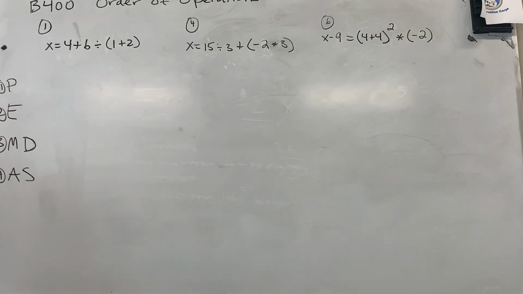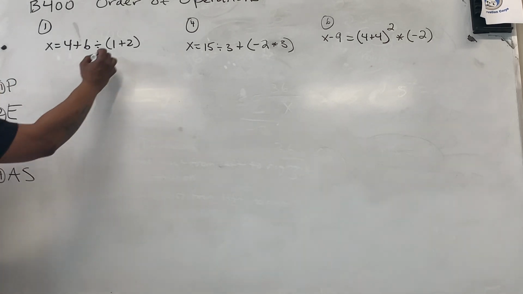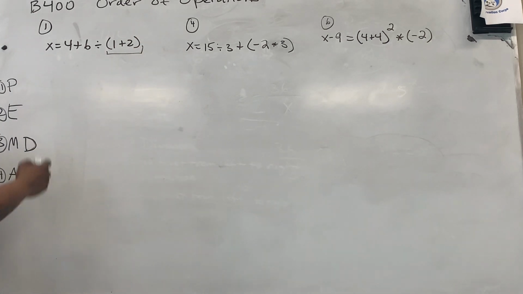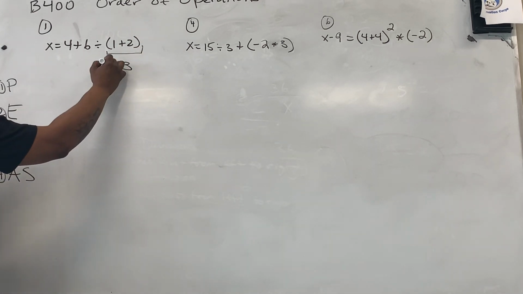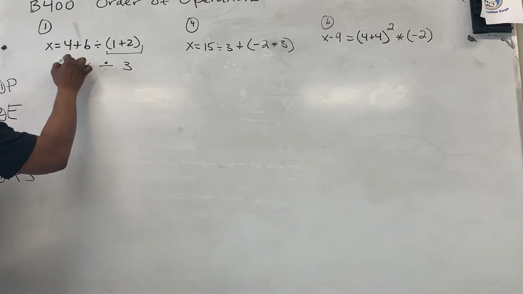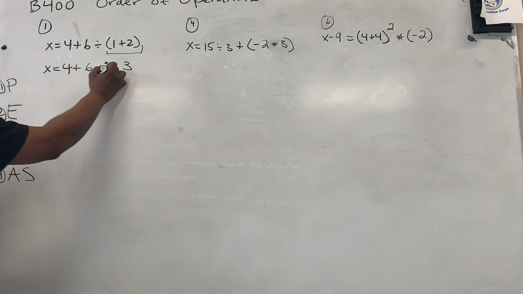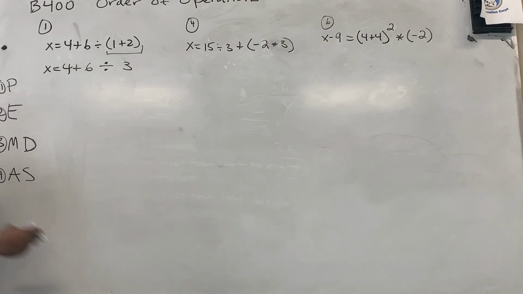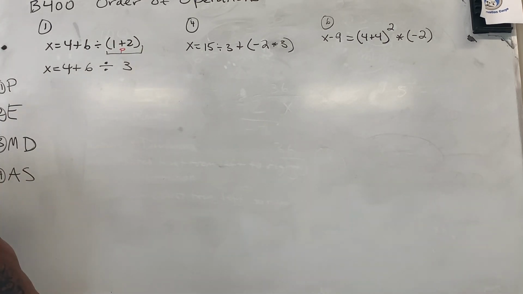Okay, like this first problem, we search to see if there's any parentheses, and we do have a parentheses here. The parentheses gives us 3, but we write down everything else the way it remains. That's the first thing we did, the parentheses. What I like to tell a lot of my students is to put a P there, just to make sure I follow my order.